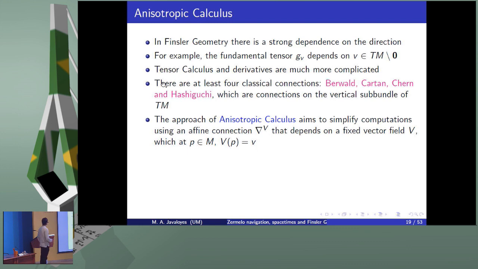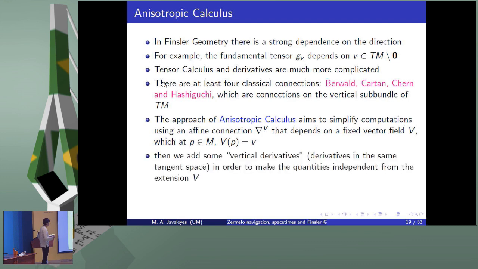You have to fix a vector. Imagine that you want to compute something at v, the vector small v. Then you can extend this vector v to a vector field, V capital, and use it for making computations.